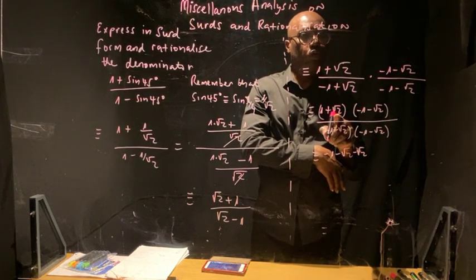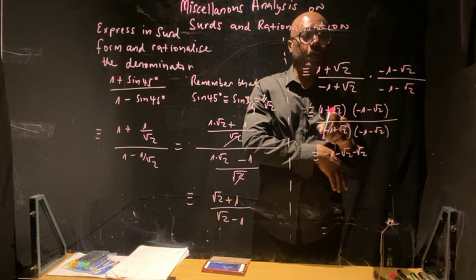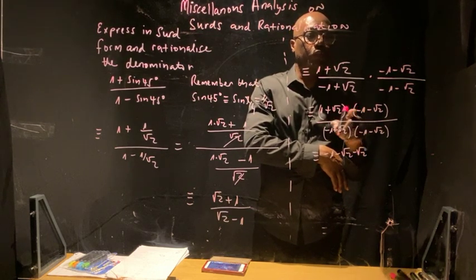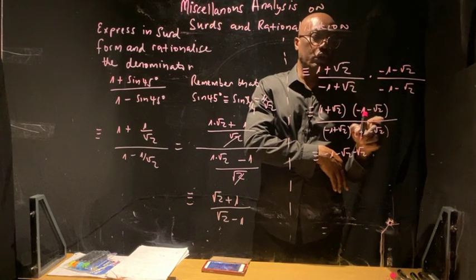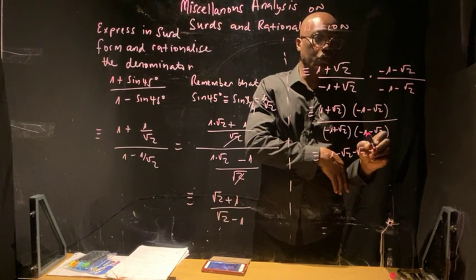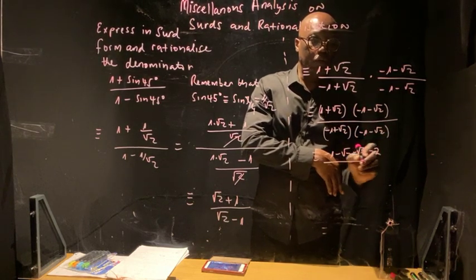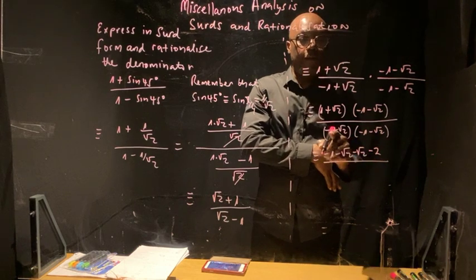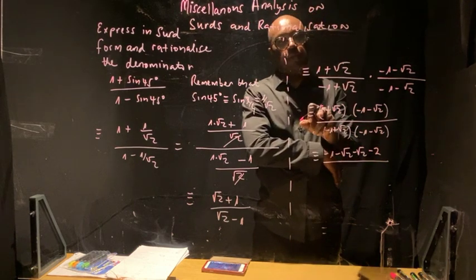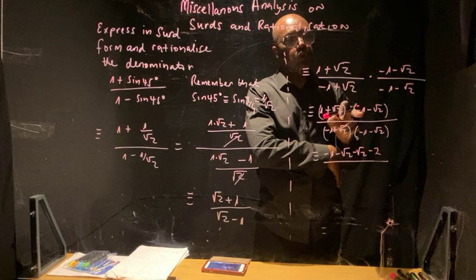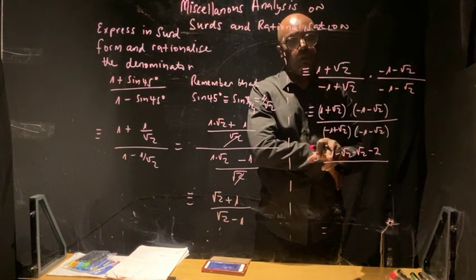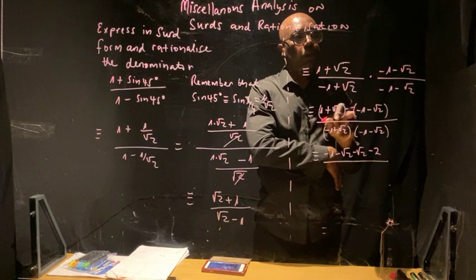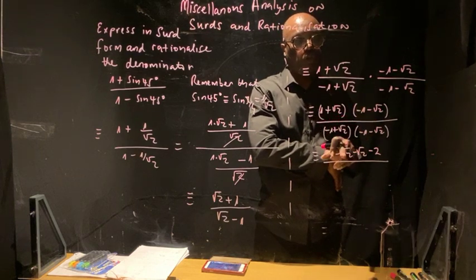Plus root 2 multiplied by minus root 2 is equal to minus 2. All over, let's double check it. 1 multiplied by minus 1 is equal to minus 1. 1 multiplied by negative root 2 is equal to negative root 2.